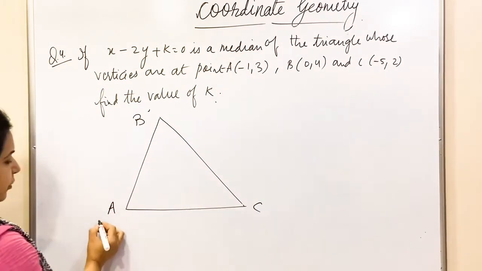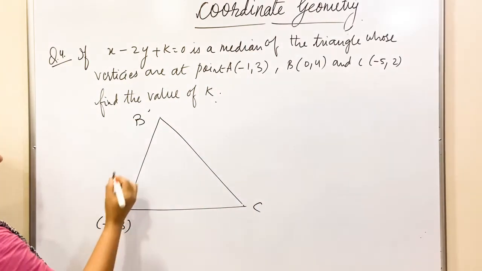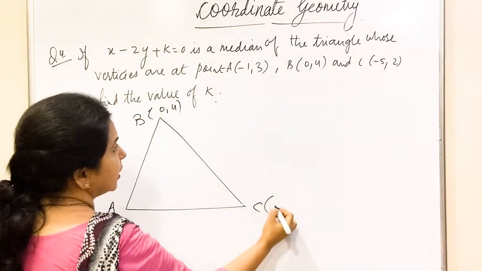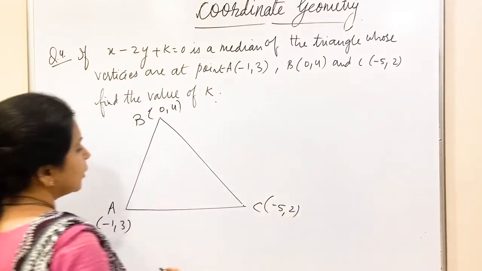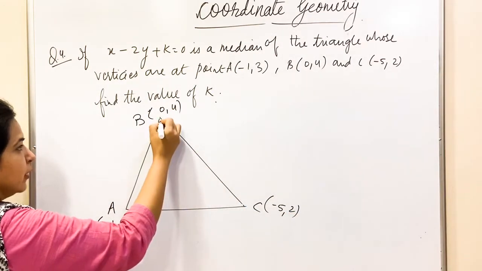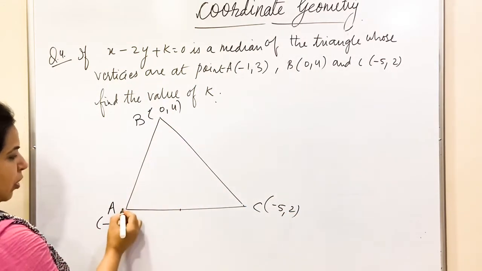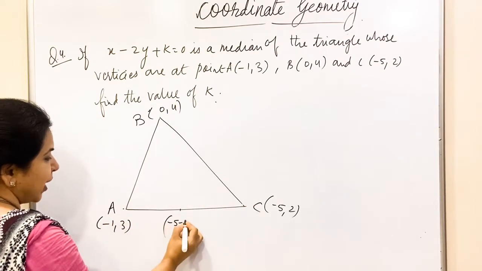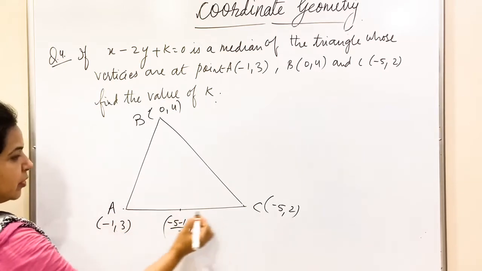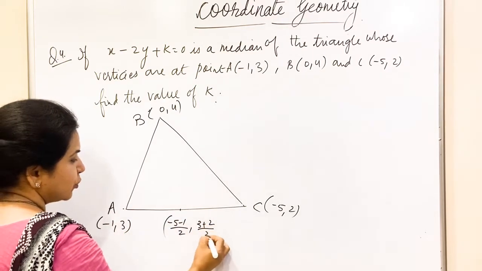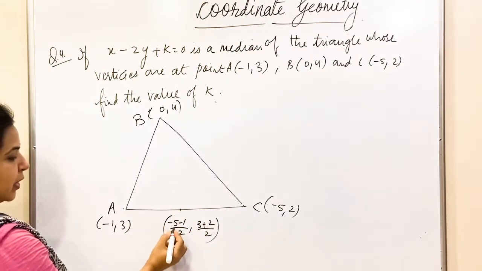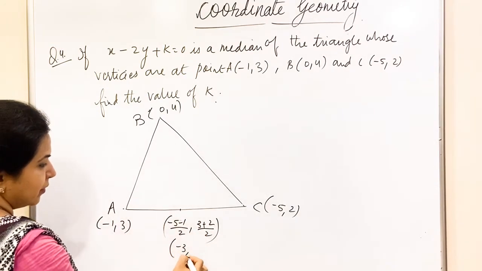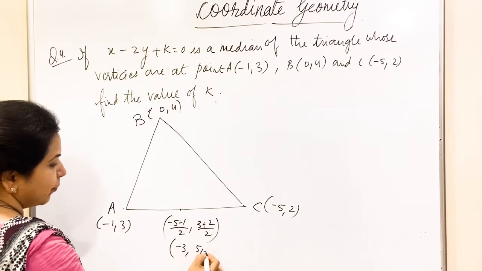So here the 3 vertices are given, this A, B and C. So first of all, we have to find the midpoint of AC using the midpoint formula: (minus 5 minus 1) by 2, (3 plus 2) by 2.